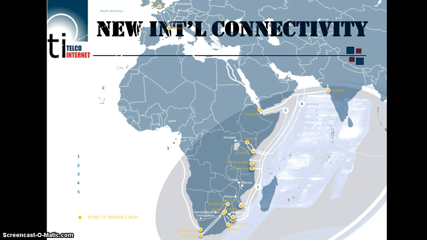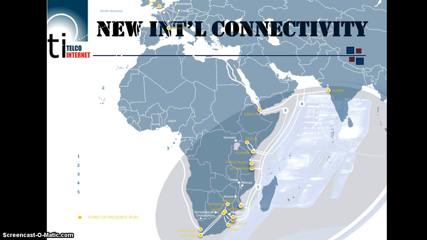So now, we know that Zimbabwe has a lot of terrestrial fiber in the country, but how does Zimbabwe get to access this under the sea fiber cable, which is running all the way around the coast of Africa?